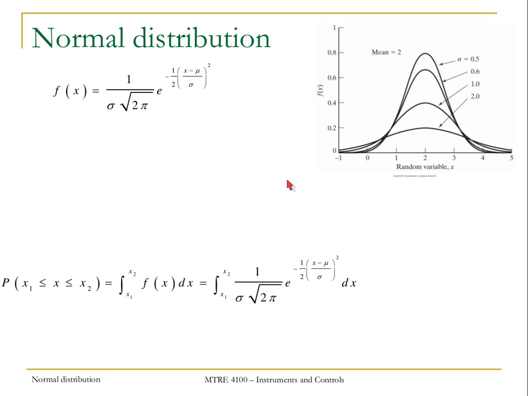If we want to find the probability of getting a certain range of values, so if we want to find the likelihood of our variable x being between x1 and x2, then we need to integrate this function between x1 and x2. So here's the integral of that function. Now this integral cannot be evaluated analytically, so it's done numerically.